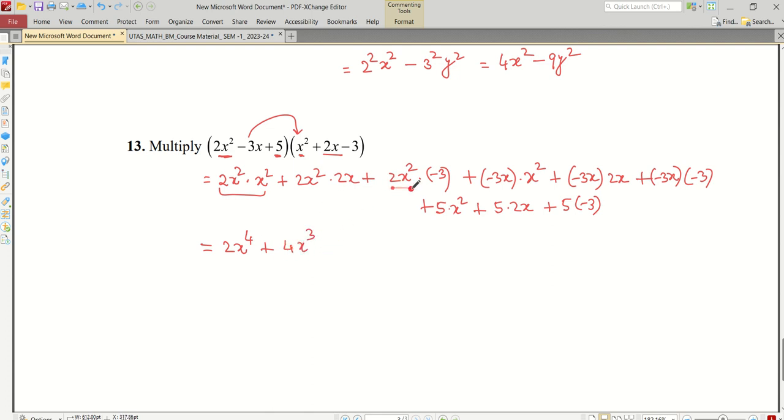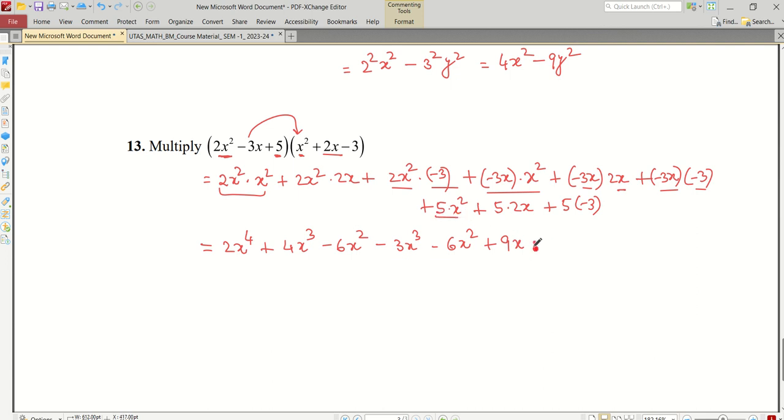Now you can see this term is positive, this term is negative, so plus minus is minus. 2 into 3, 6, x power 2. Now same here. Minus plus, it is minus. 3 x power 3. Now here same, minus plus. Minus 3 into 2, 6x power 2. Now here minus minus, it is plus. 3 into 3, 9x.